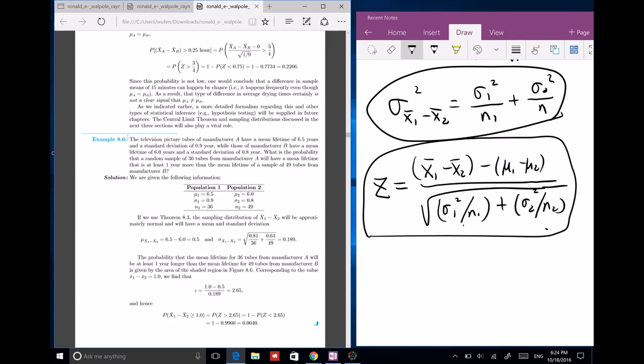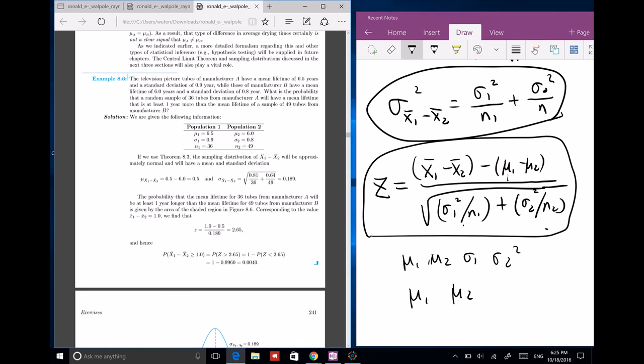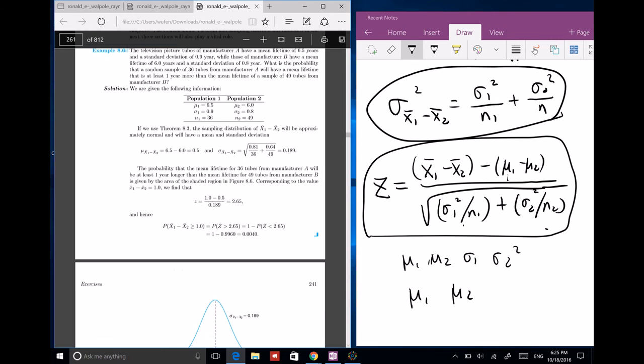Example 8.2 is the same idea. Everything is given: mu1, mu2, sigma 1, sigma 2, and the x bars are all given. Then you can use that to find the standard deviation.